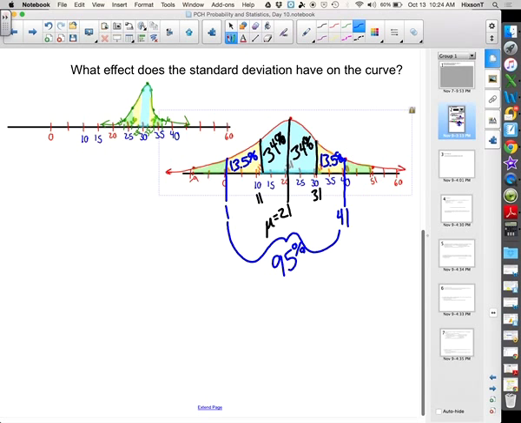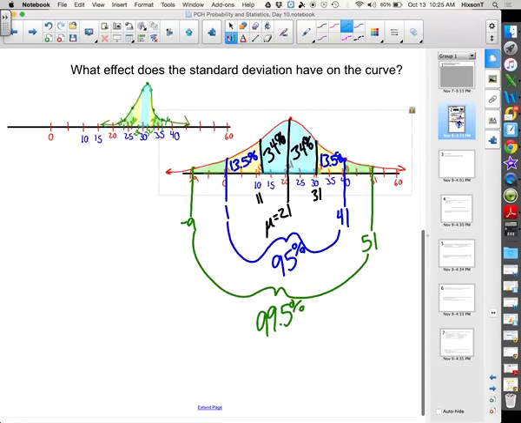Then if we look at our third standard deviation, in this case it's from -9 up to +51. Using our approximation, we have 99.5% of our data, okay? If you notice, there's only a difference of 4.5% here, right?